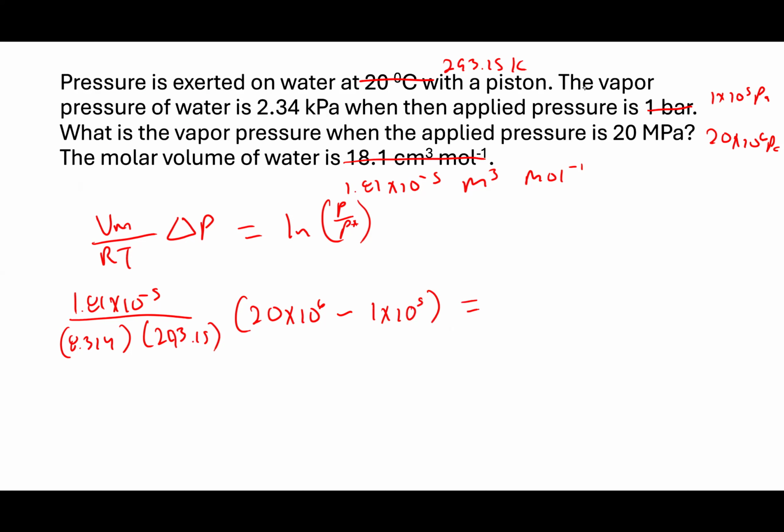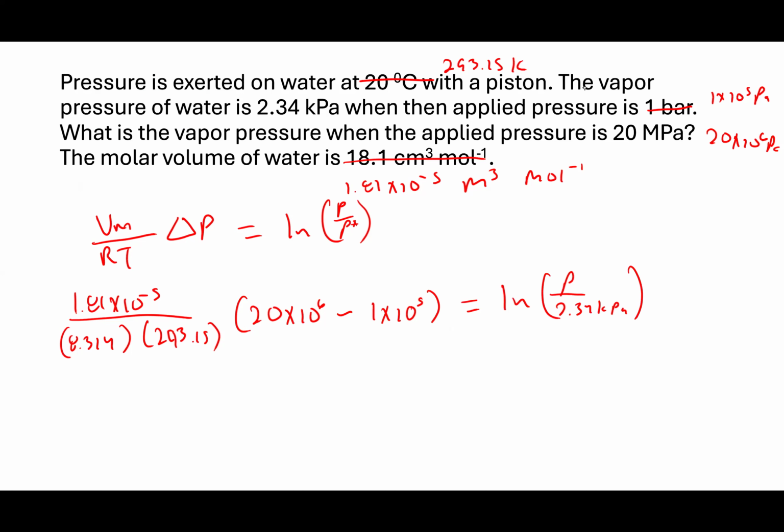This is going to be the natural log. We have our new vapor pressure on top and the original vapor pressure, which is 2.34 kilopascals. Now, let's take the left-hand side and simplify things.